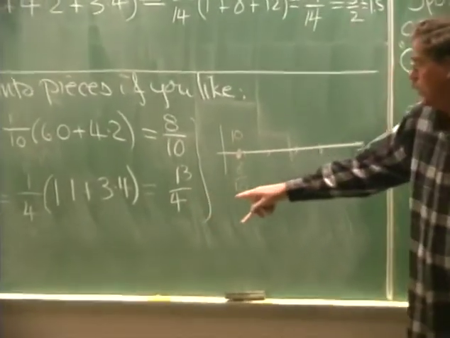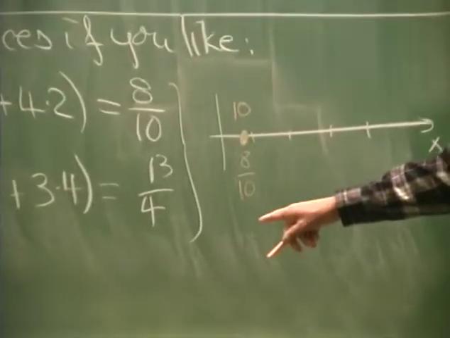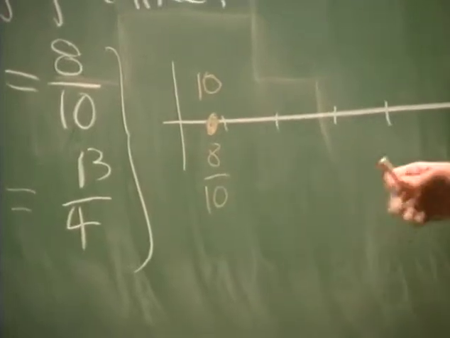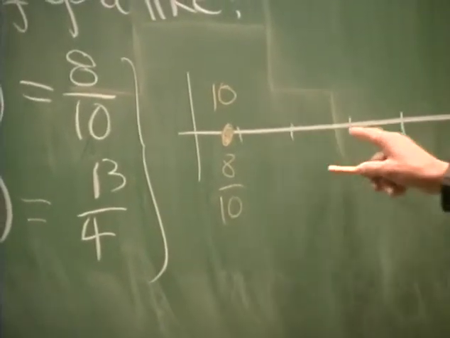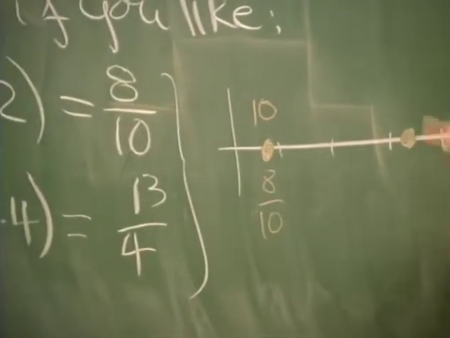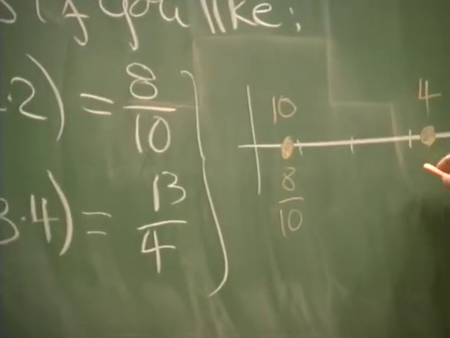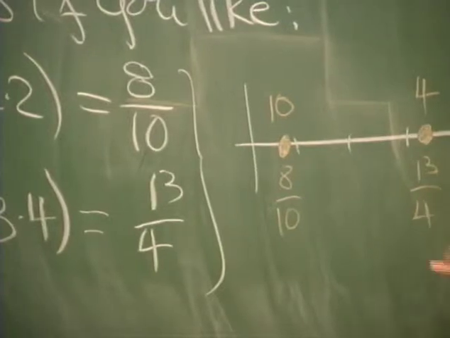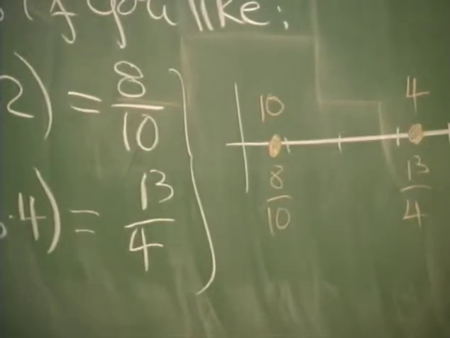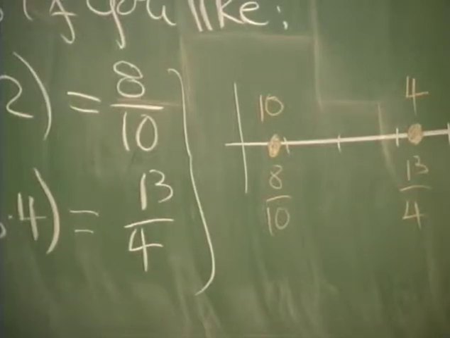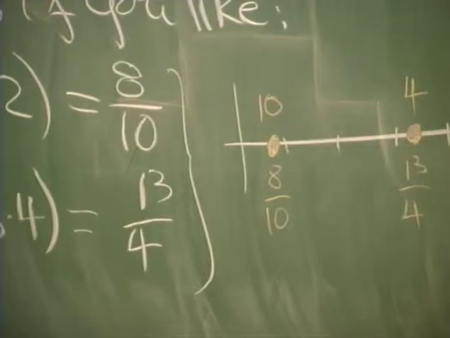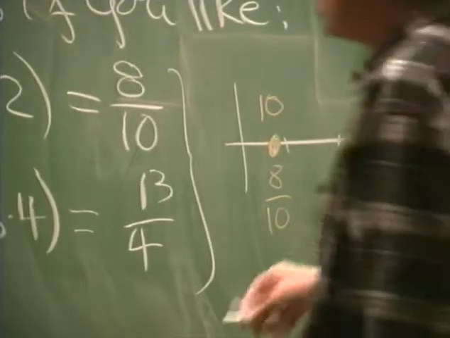And the 1 and 3 alone are like a mass 4 at the point 13/4. 4 goes into 13 three times, so it's 3 1/4. 1, 2, 3 1/4, right about here. And it would be 4 kilograms there at 13/4. So I say the original configuration is, as far as center of mass is concerned, exactly equivalent to those two pieces.